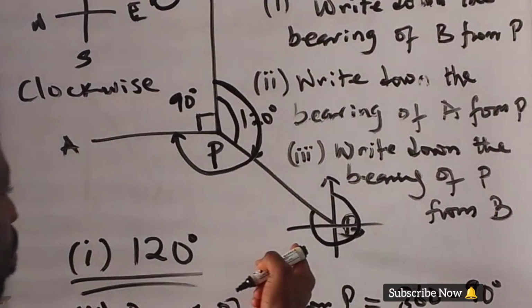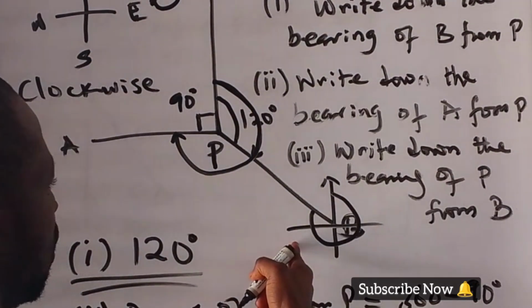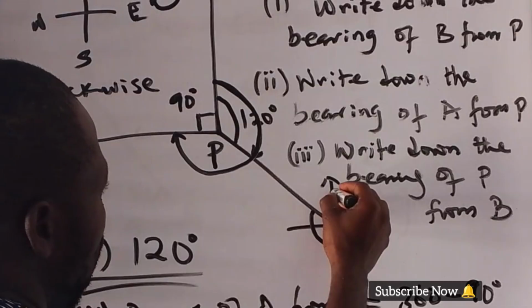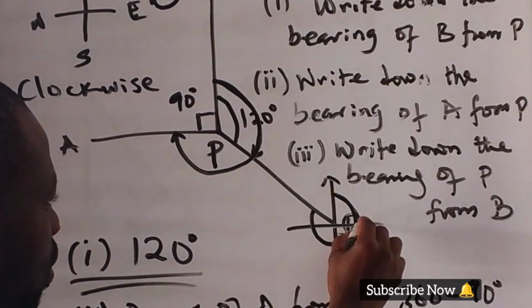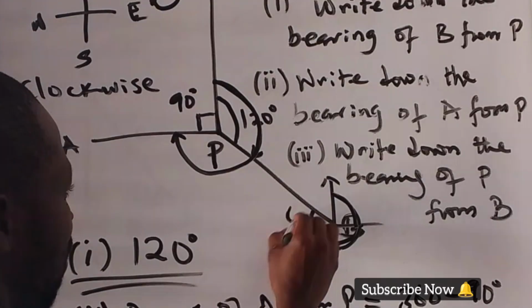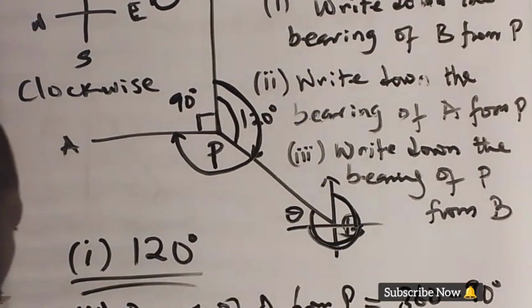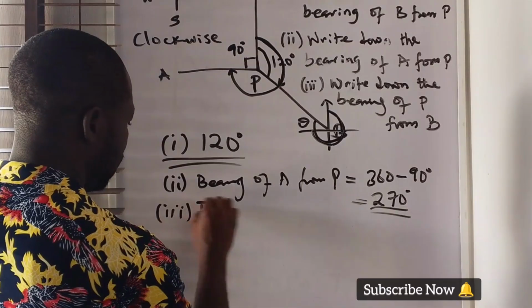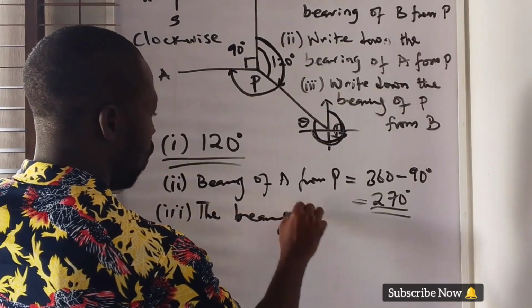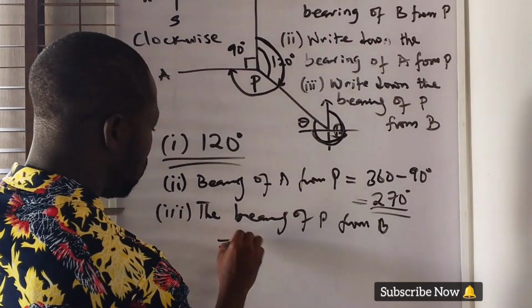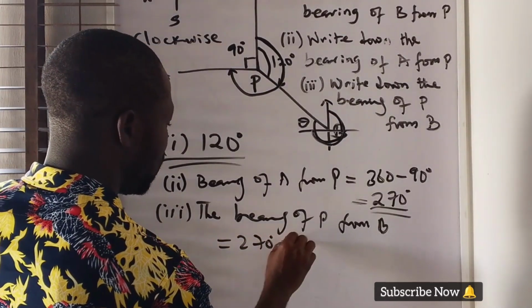All right, so the bearing of P from B is going to be all the way 90 degrees, 180 degrees, 270 degrees, plus this angle that I'm going to call theta. So the bearing of P from B is going to be 270 degrees plus theta.